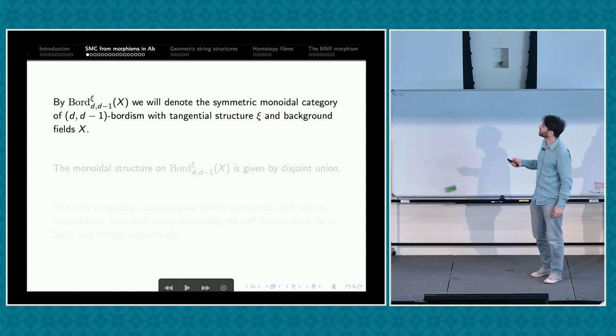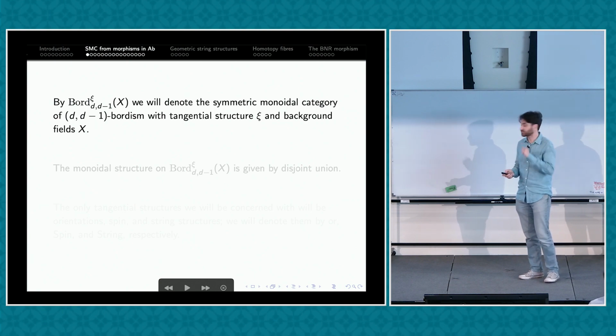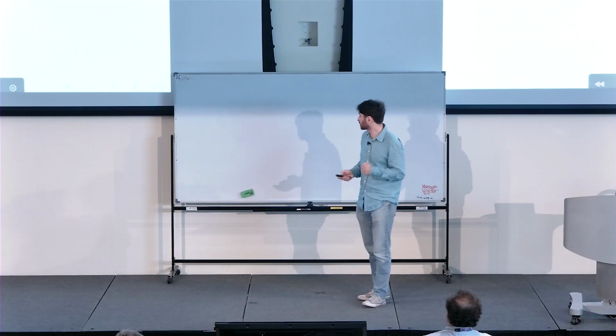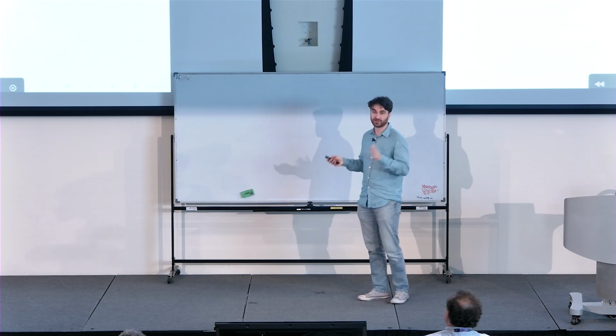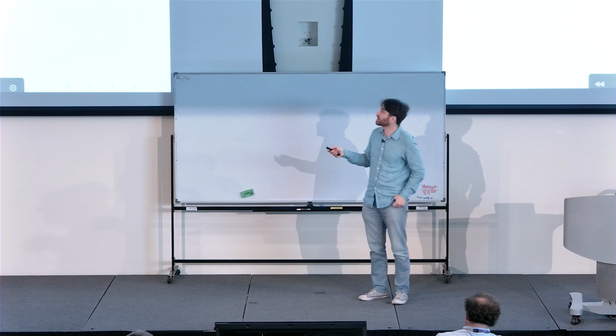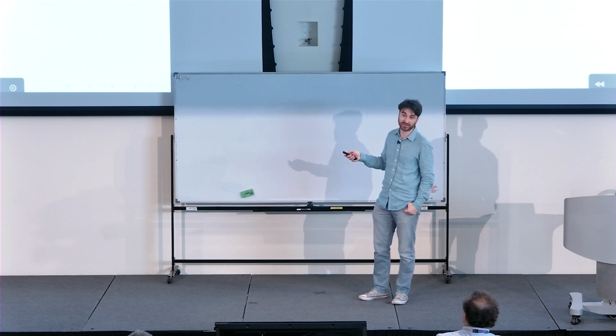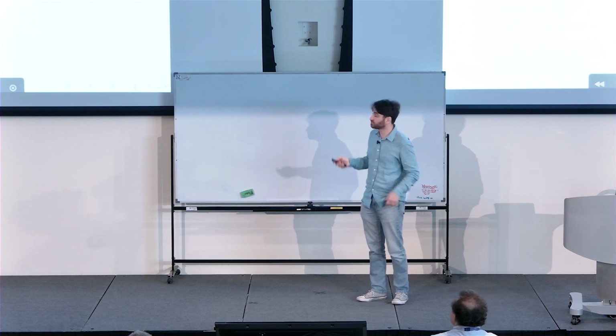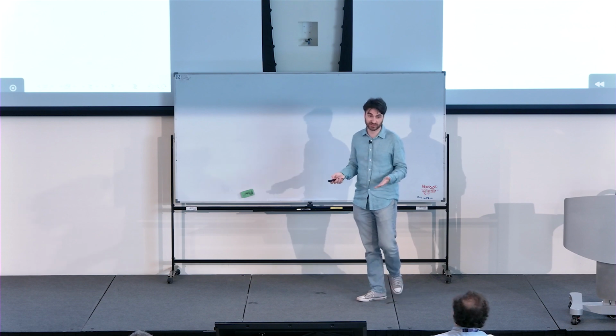And X will be a target. Just as in Conrad's talk a few minutes ago, manifolds were equipped with some map to M. Here my manifold will be equipped with a map to X. The difference is that X more generally will be a smooth stack.